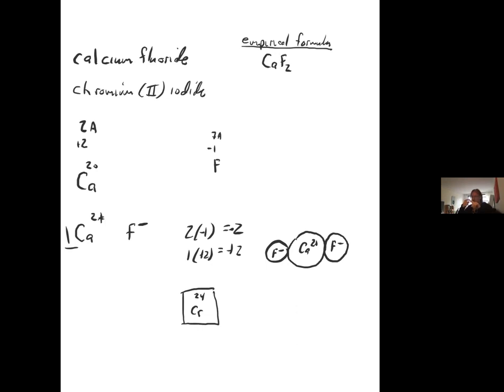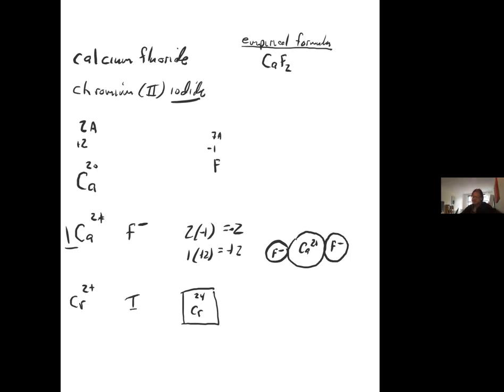It could be +2, it could be +3, it could be +6. This is chromium 2. So since they gave us the Roman numeral, we know the charge. And then you got iodide. Iodide is in group 7A. It's in the same column as fluorine, so it's -1.